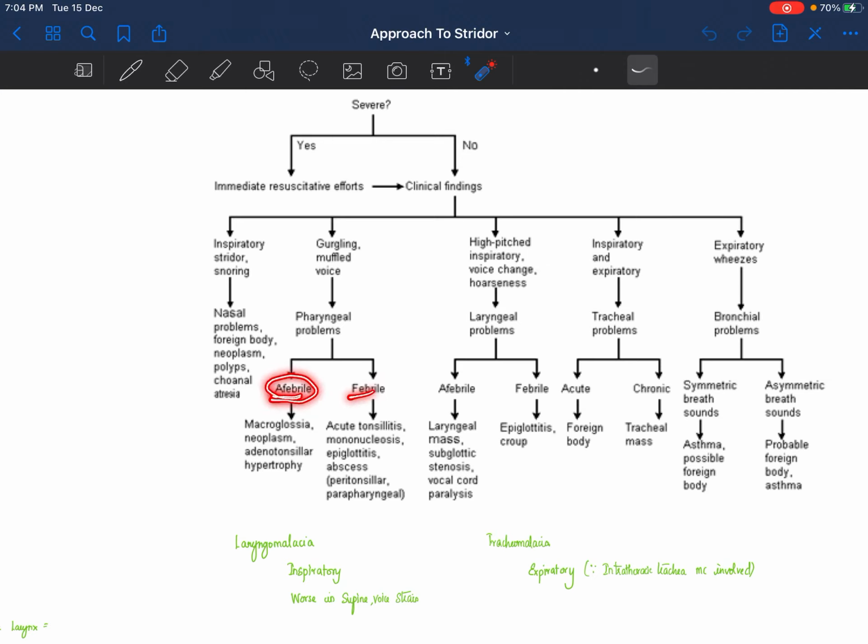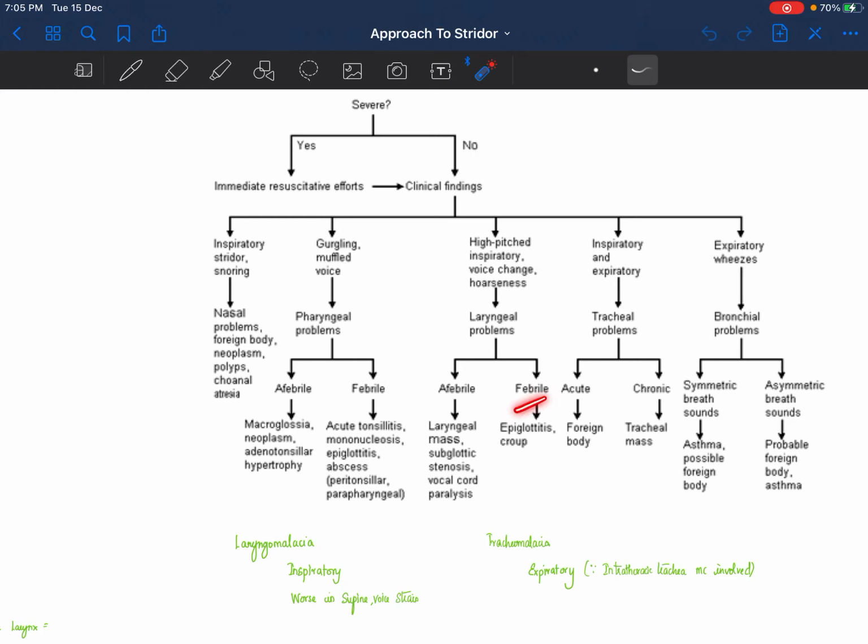If the child is afebrile, then think of an adenotonsillar level problem. If it's associated with fever, muffled voice, supraglottis problem, which is acute, which is infectious, think of tonsillitis, epiglottitis and abscess. If the stridor is inspiratory, associated with voice change and hoarseness, laryngeal problem.